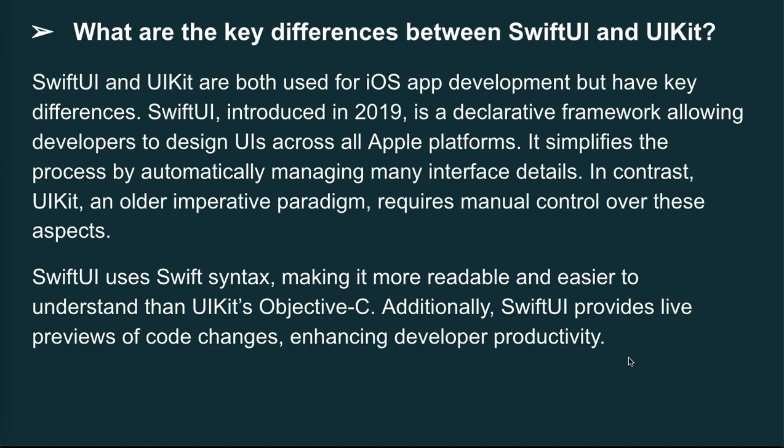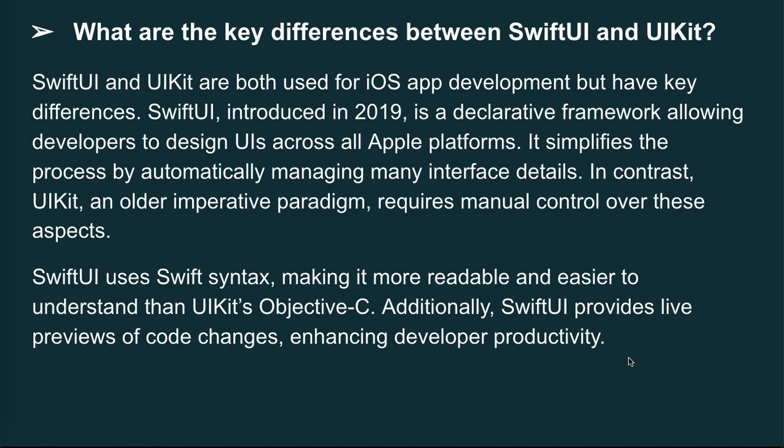What are the key differences between SwiftUI and UIKit? SwiftUI and UIKit are both used for iOS app development but have key differences. SwiftUI, introduced in 2019, is a declarative framework allowing developers to design UIs across all Apple platforms. It simplifies the process by automatically managing many interface details.